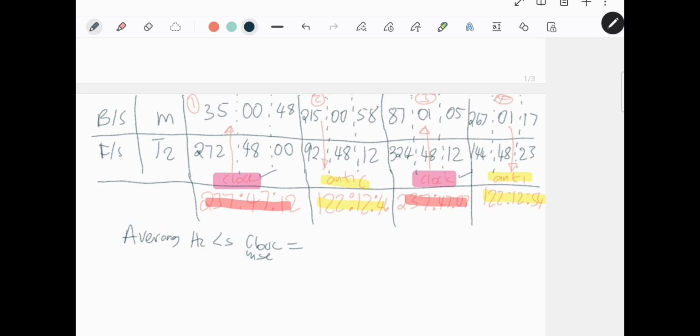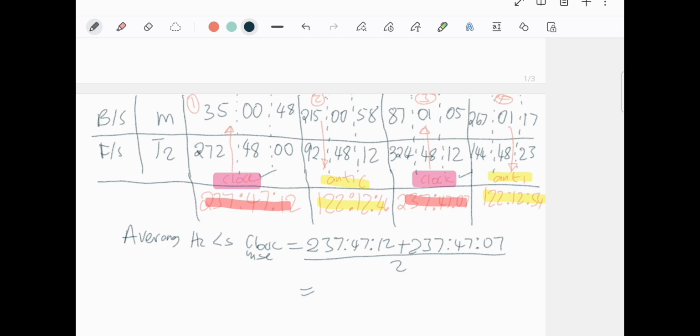So you have 237, 47, 12 plus 237, 47, 07, divided by 2. So now let's see what we are getting.